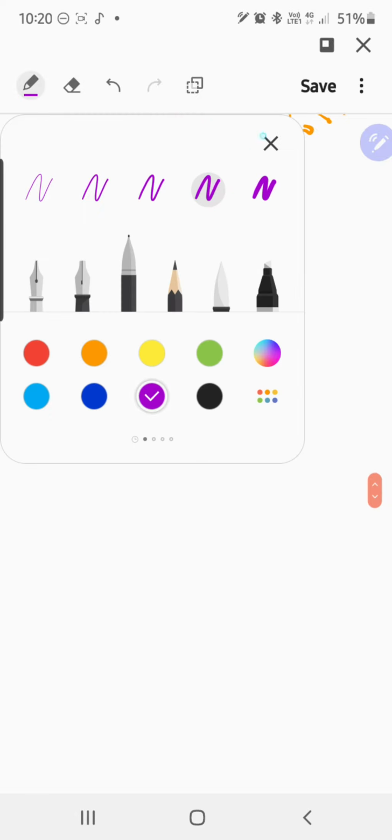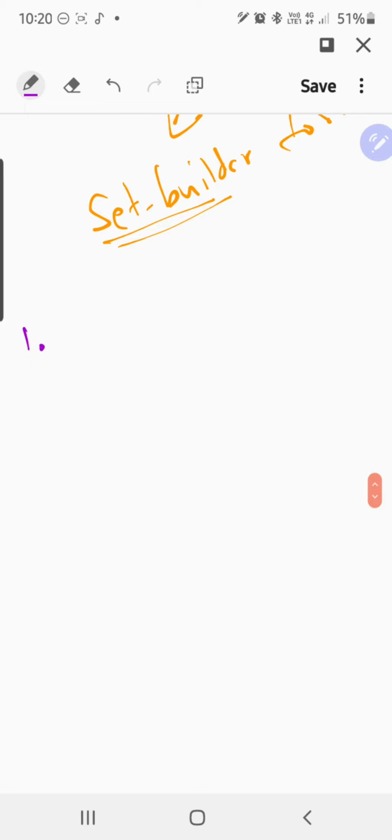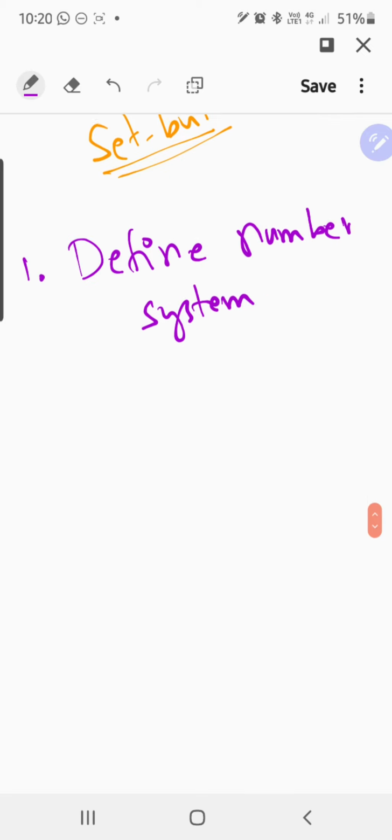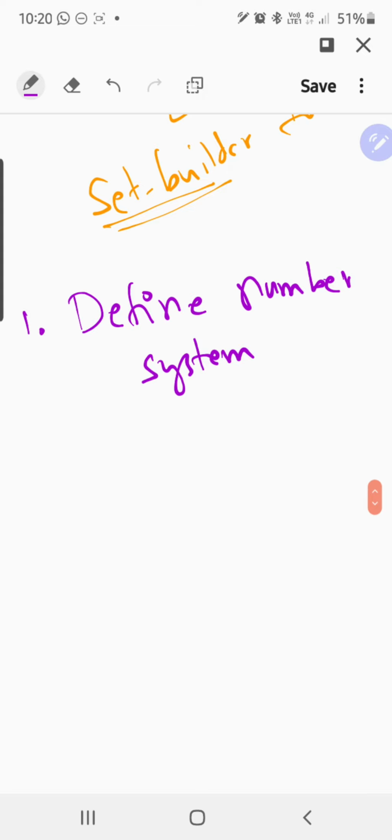Let us start. First, define which number system it is. Maybe this topic will be somewhat difficult for you, but try to understand. It is very important and easy at the same time. If you practice it, you will easily get it. First, define the number system.